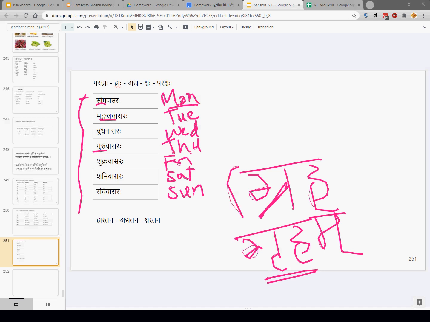But this Graha, with the Ra, this is a planet. So here we have Kuja Graha, this is a planet, and Buddha Graha. Then Guru is also Graha. Guru is Jupiter. So this is named after Jupiter, Guru Vasaraha.